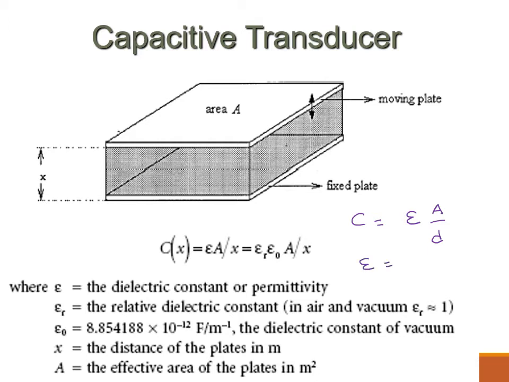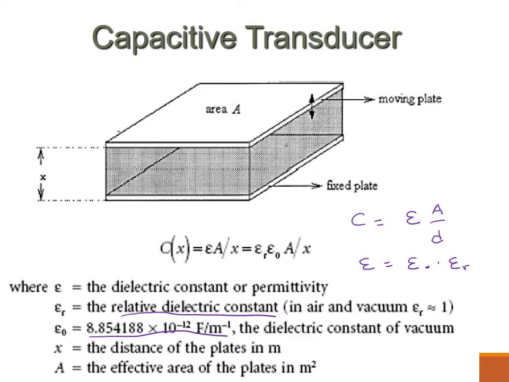We calculate epsilon using this equation, epsilon naught multiplied by epsilon r, where epsilon naught is a constant value for vacuum. It is 8.85 picofarad per meter, and it is constant. And in order to get epsilon, we have to multiply by epsilon r, where epsilon r is the relative dielectric constant for the material itself.